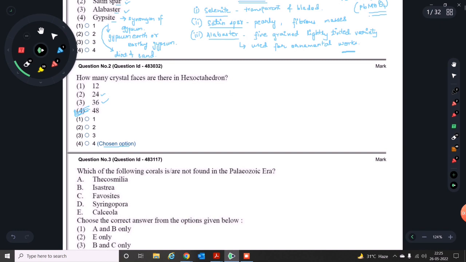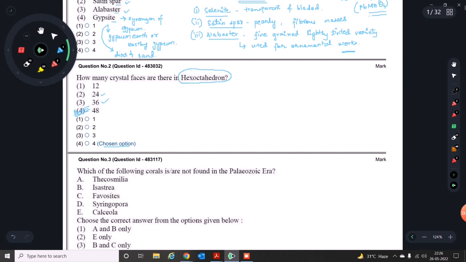We'll write it here, note them down. Like, this hexoctahedron is the general form of the isometric system.